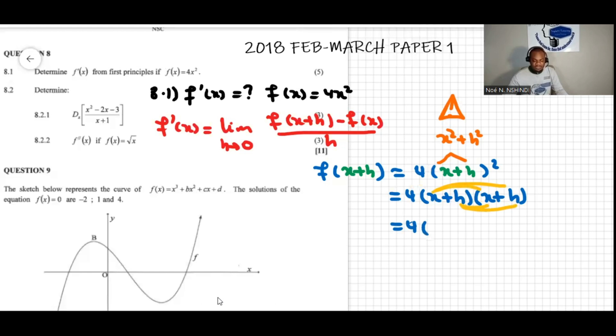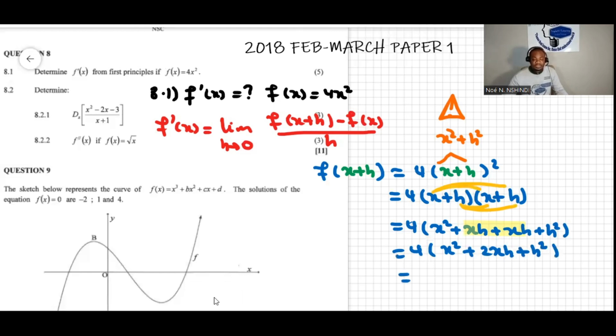X times x makes x squared. X times h makes xh, h times x makes xh, and then h times h makes h squared. Now let's first simplify what is in the brackets. That makes x squared. We have like terms: xh and xh are like terms, so these 2 will make positive 2xh, and then plus h squared, close brackets.